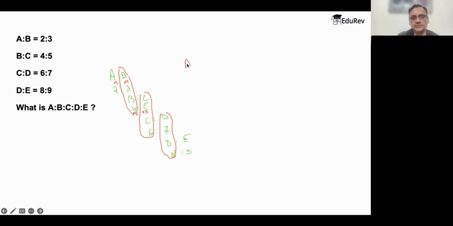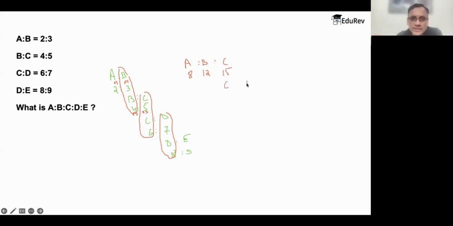So A is to B is to C will become 4 into 2, 8. B is 12 in first ratio also, second ratio also, and C is 5 into 3, 15. So my A, B, C has got combined. Okay, it has become 8:12:15.